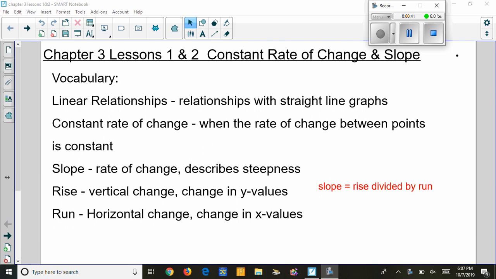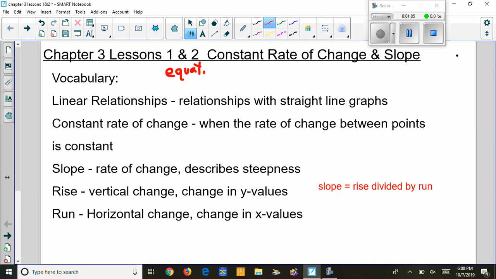Let's talk about these definitions. First is linear relationships. Those are relationships with straight line graphs. By that, what we mean is relationships are anything that relates numbers together. And in this case, for this chapter, you will see equations.